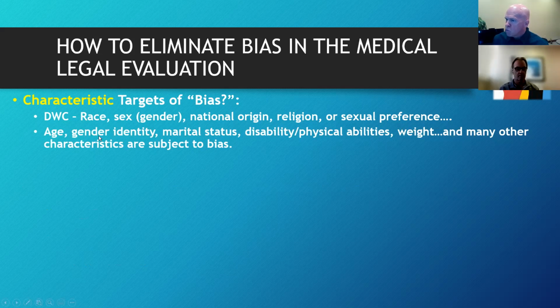Religion, sexual preference, but other targets of bias include also age. In other words, have you ever found yourself sitting face to face with an examinee who's perhaps 69 years old, and this person is telling you about the industrial injury that they suffered, and you find yourself thinking, well, of course you suffered an industrial injury, 69 years old. 69-year-olds suffer musculoskeletal injuries, and we have these notions.